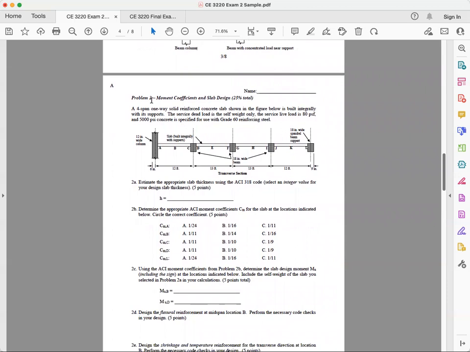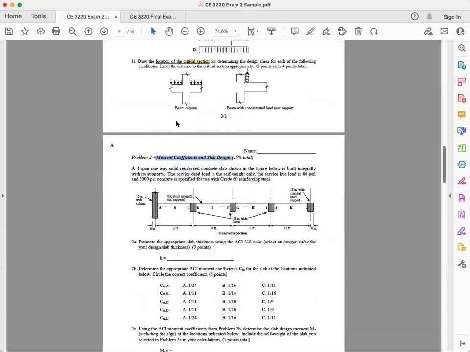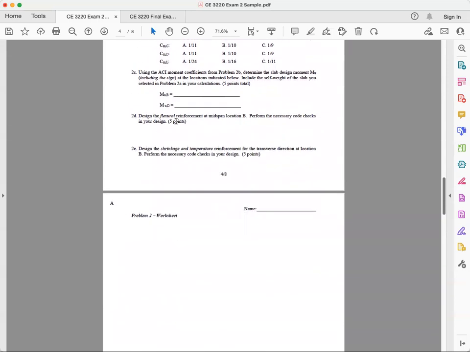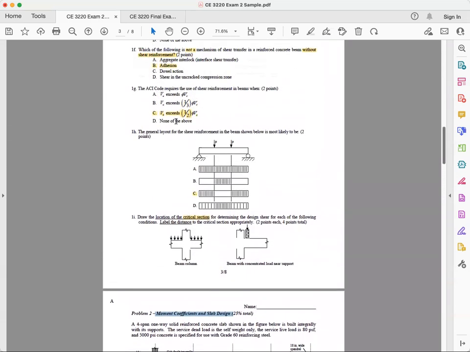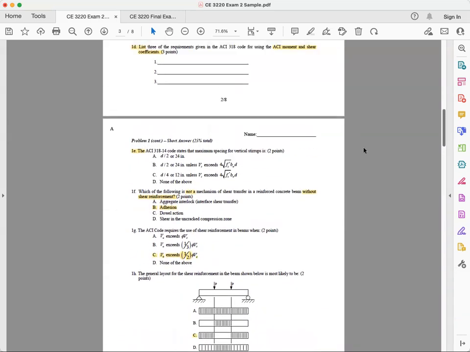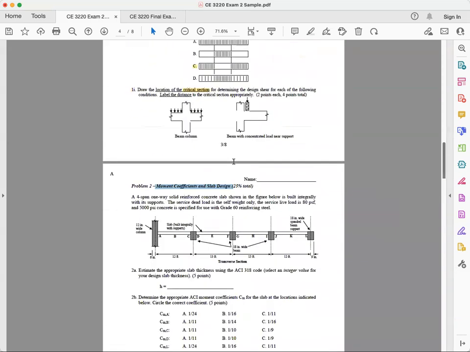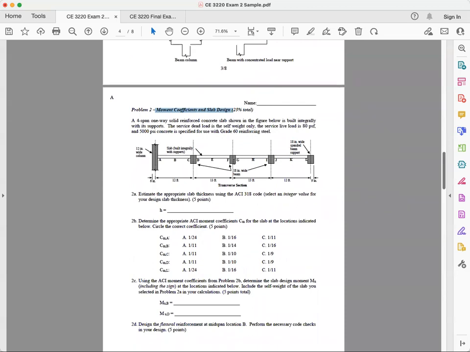Now, problem number 2, moment coefficient and slab design. I want you to think this way. We're only going to have 4 problems in the final exam. What we have learned after the first exam: we have learned shear, which we just covered a little bit, and we have learned the one-way slab, the moment coefficient, and the deflection calculations.